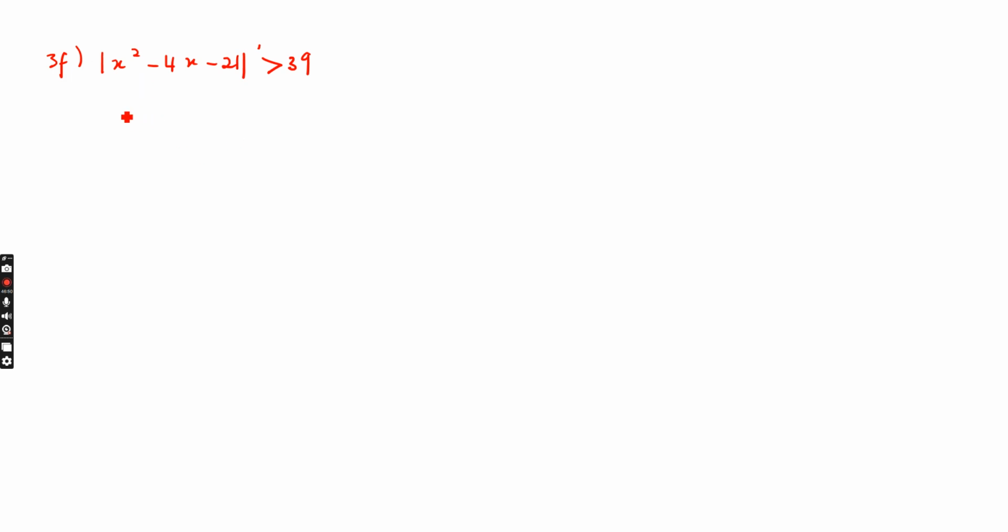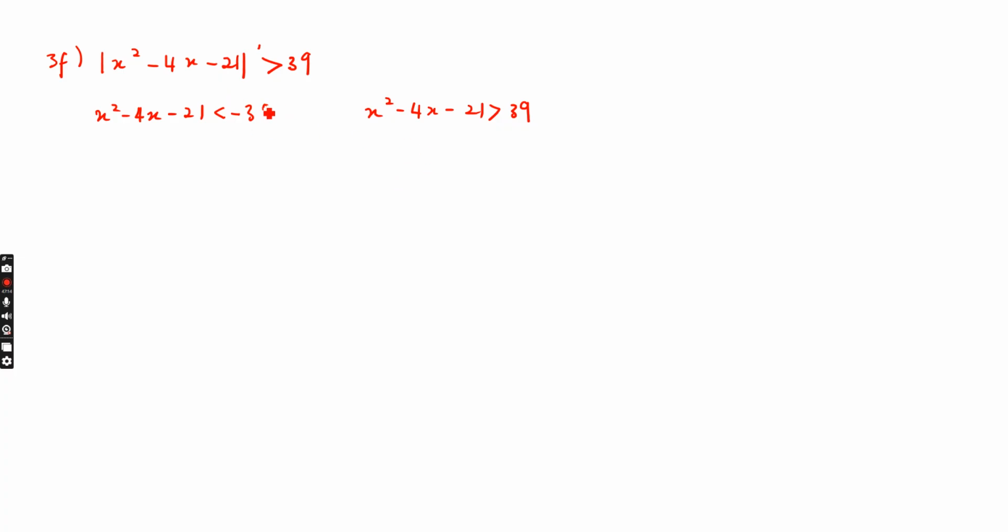You just copy the same thing that is inside, x squared minus 4x minus 21, twice. And then one symbol you put as negative, another one is positive. And for the 39, for less than, you put negative 39. For greater than, you put 39, a positive value.